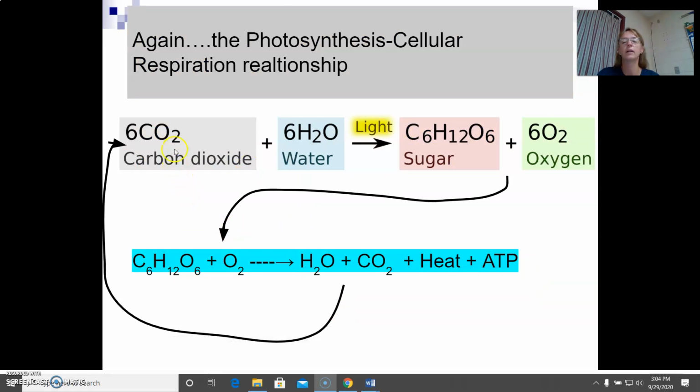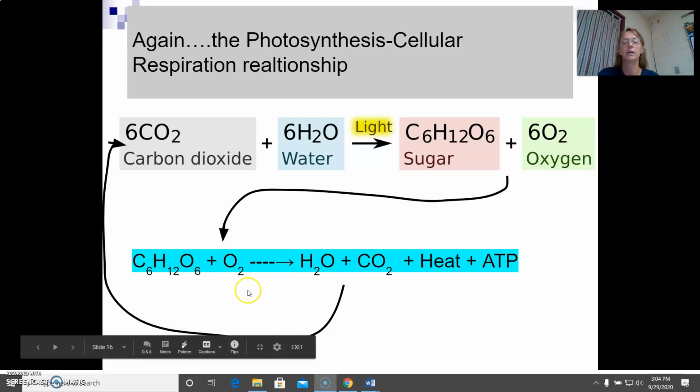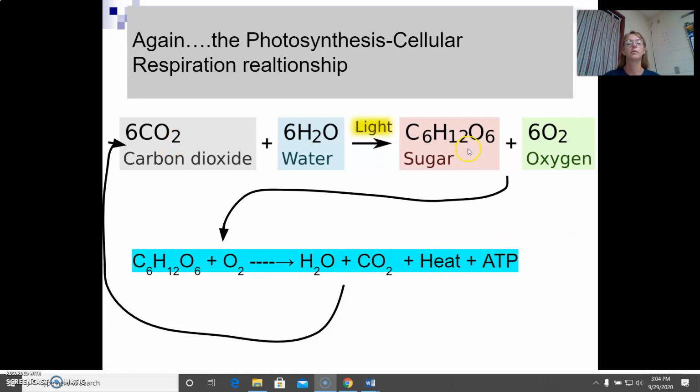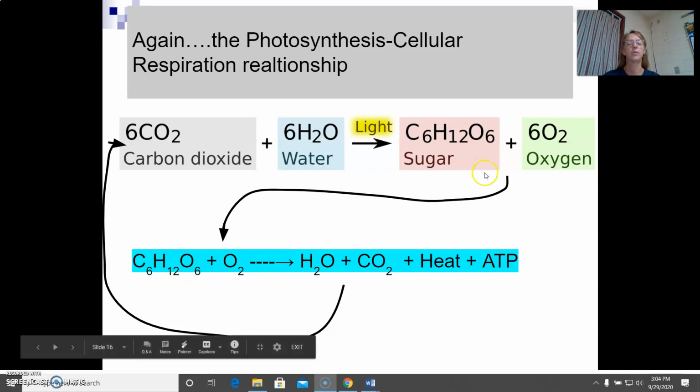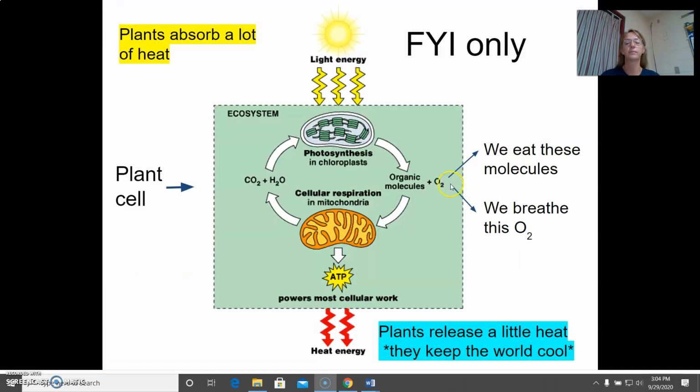Here's another way to look at it. Photosynthesis, carbon dioxide and water, use light, make glucose and oxygen. That glucose and oxygen comes down here, does cellular respiration to make carbon dioxide, water, heat, and energy. So the reactants of one are the products of the other one.